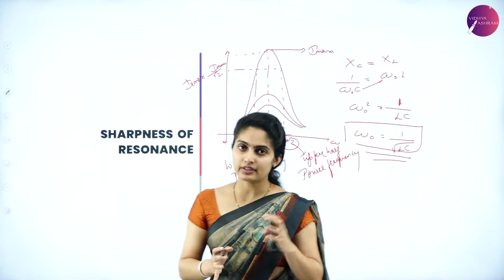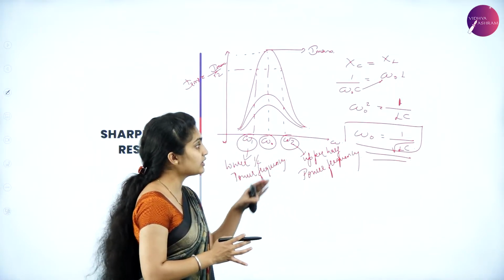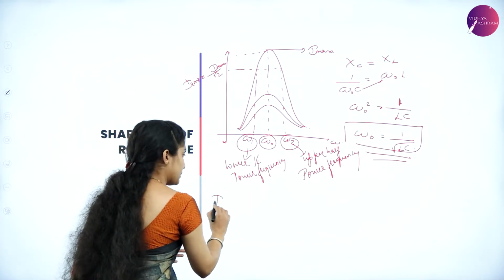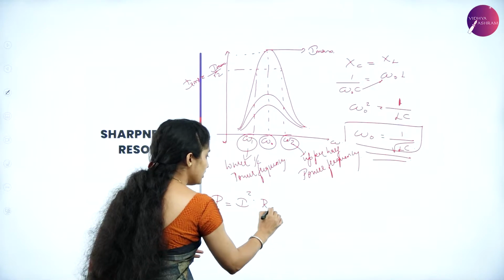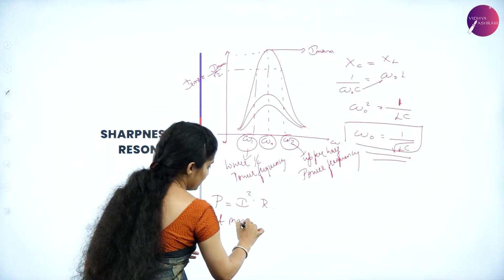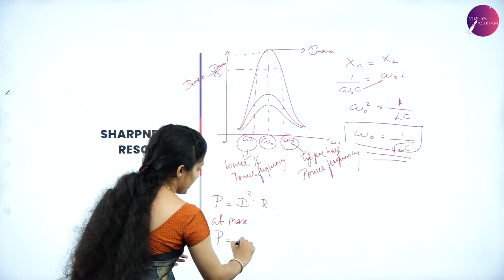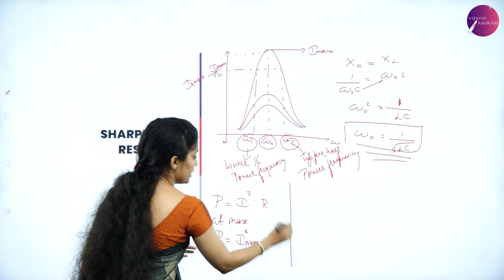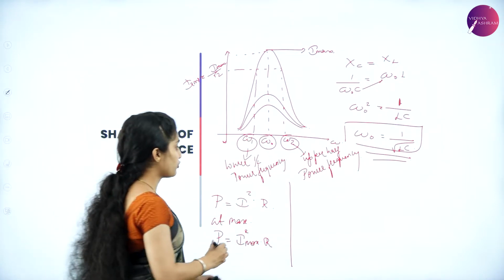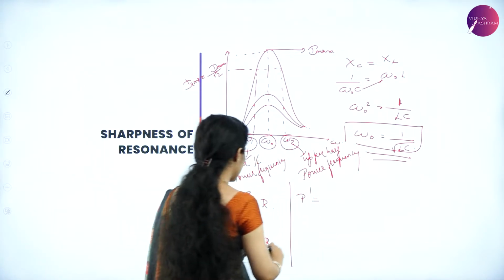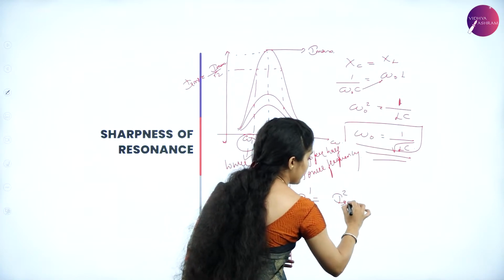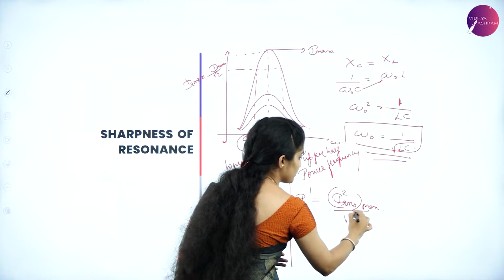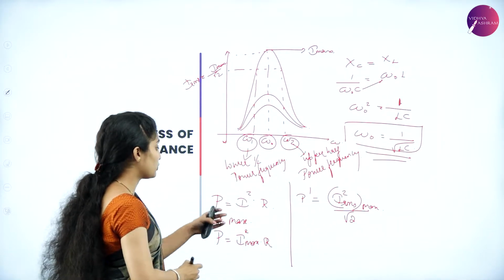Having this concept, we are going to deal with what happens to the power at maximum frequencies. The power equation is given by P equals I square into R. At the maximum value of the current, P equals I max square into R. If you consider the RMS value of I max, then you have P dash equals I square RMS into R, where I RMS is I max divided by root 2.